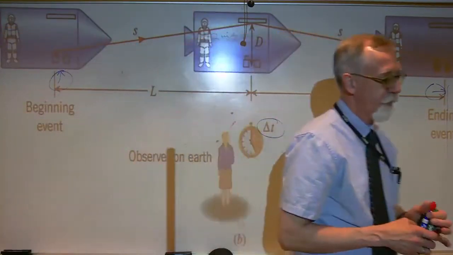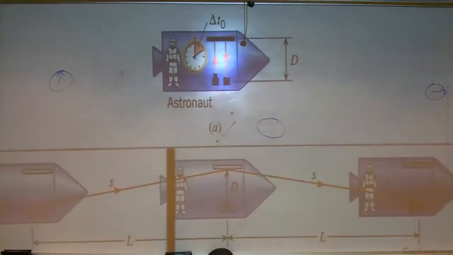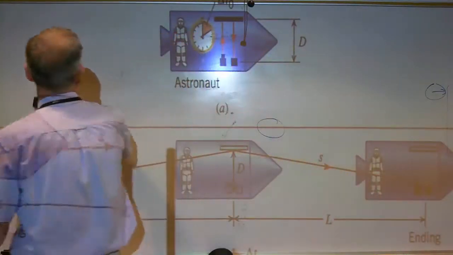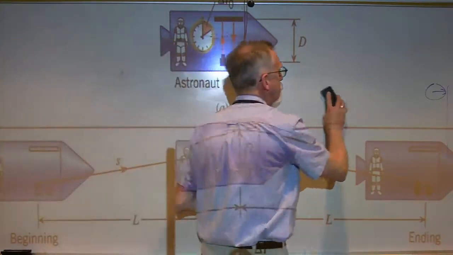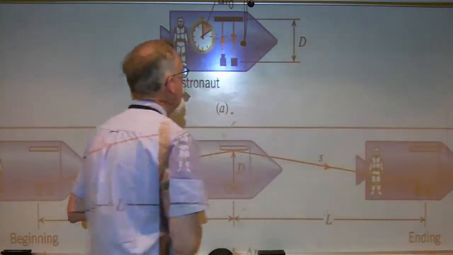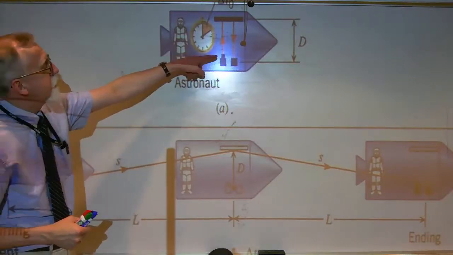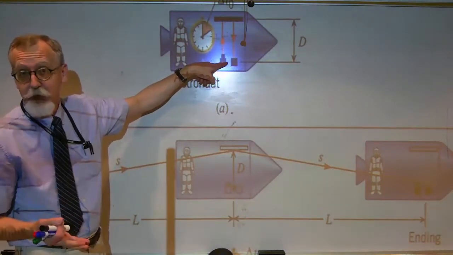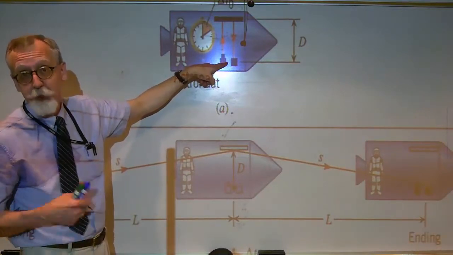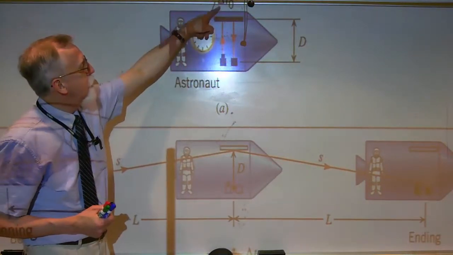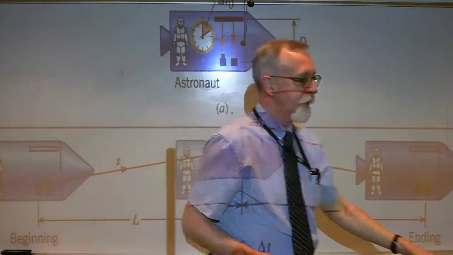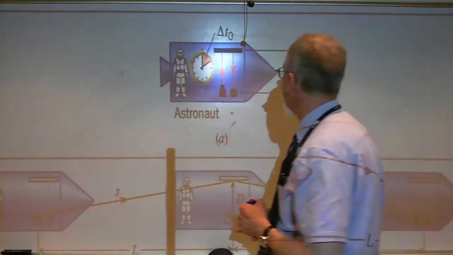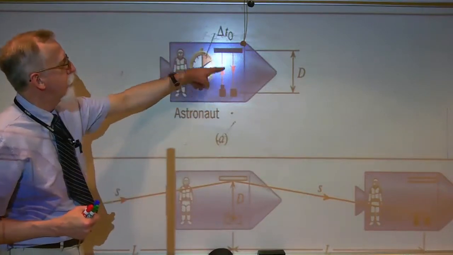Let's go back to our first picture here. We know that this path is being covered by light, and we know that light travels at the speed of light, c. So the time interval, delta t naught, is the amount of time that the light has to travel from here to here to here.